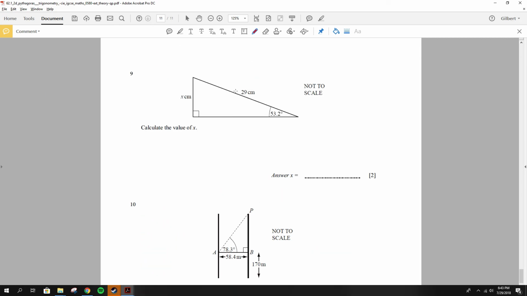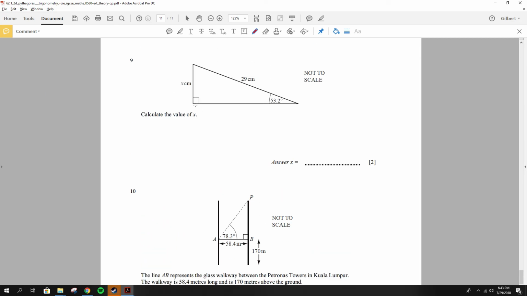Last page. Calculate the value of x. Now this is the opposite side, then this is the hypotenuse. Using the formula sine theta equals opposite over hypotenuse.